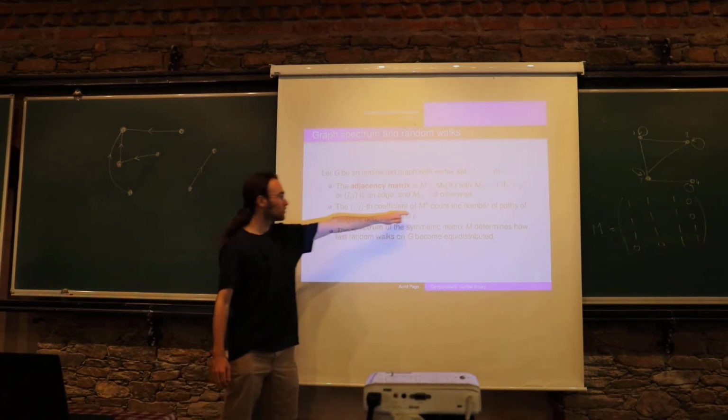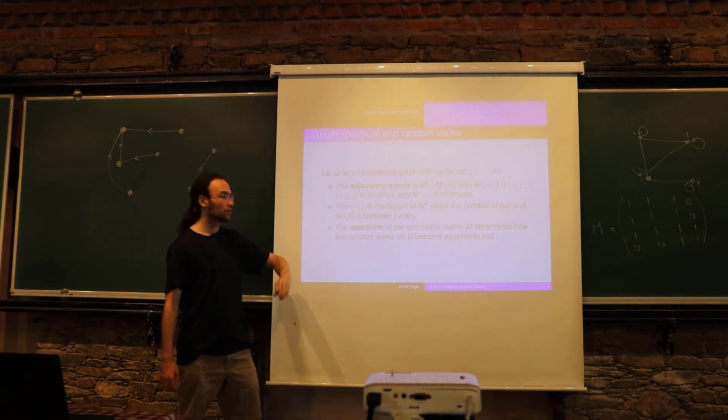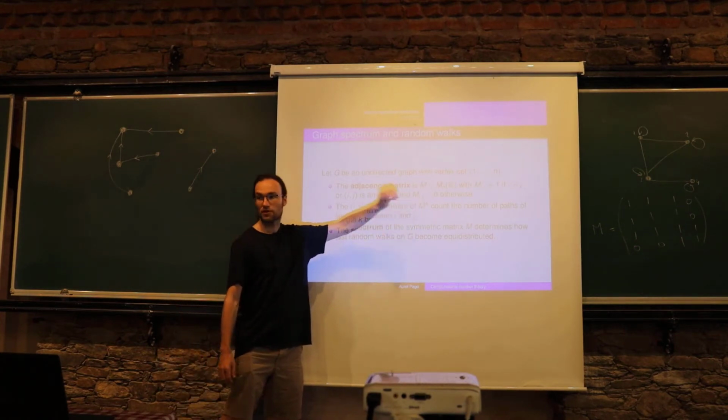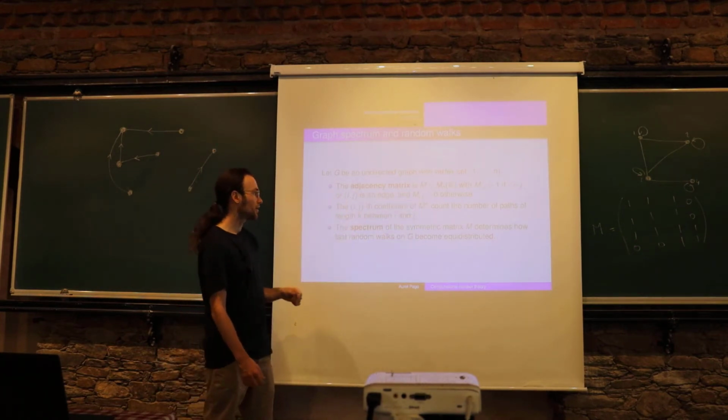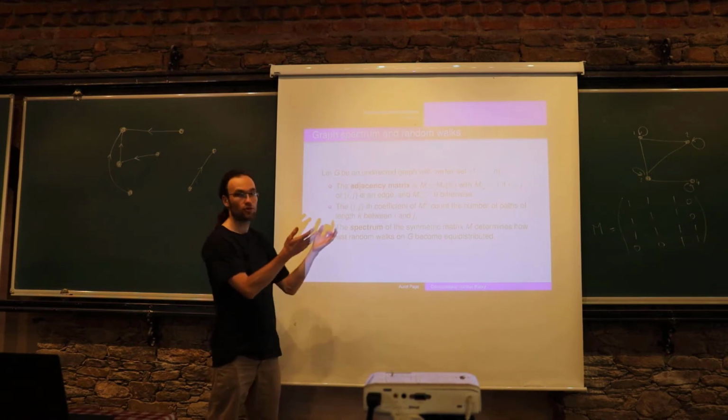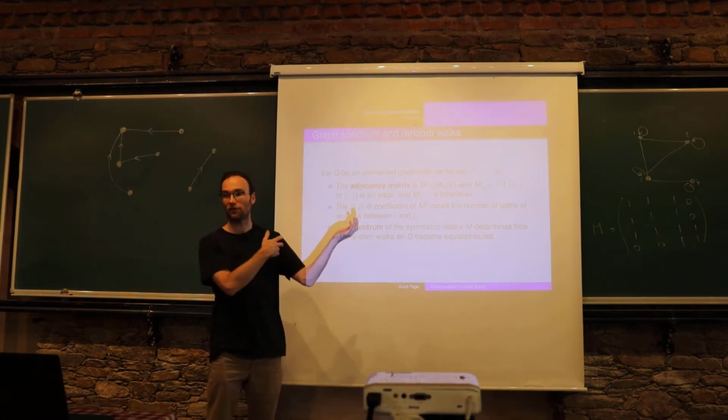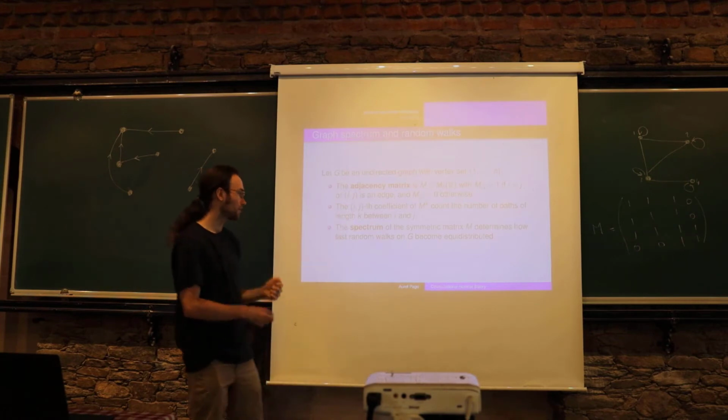And so because you look at these iterates, the spectrum of this symmetric matrix will tell you something about how fast you converge, for instance, to eigenvectors. Okay?